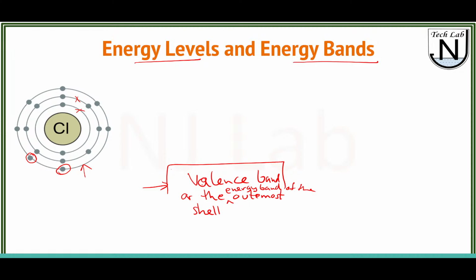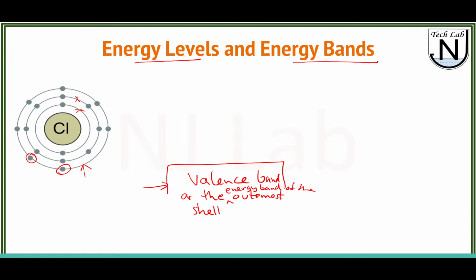So the energy band of the outermost shell, we simply call it the valence band, right? And valence band means the electrons that are present in the outermost shell, right?